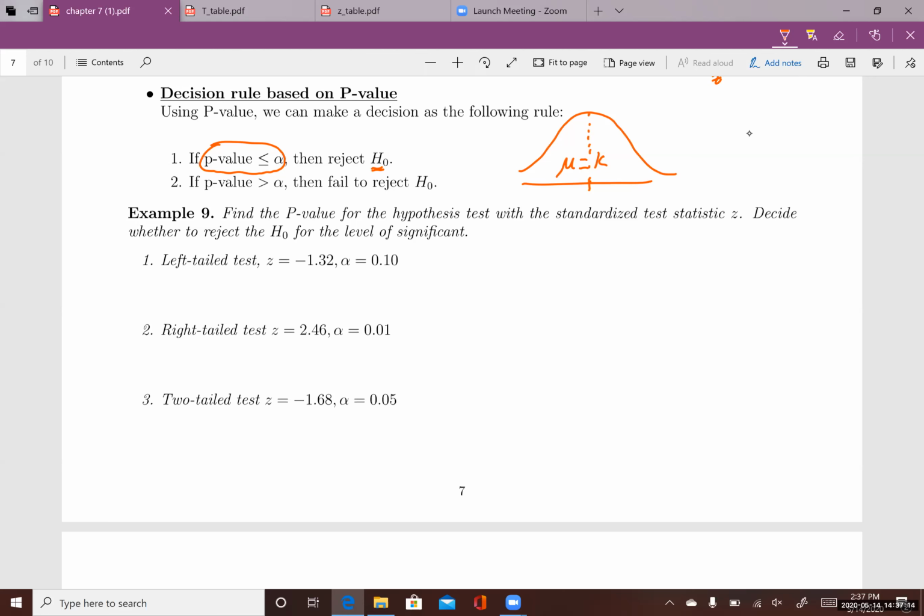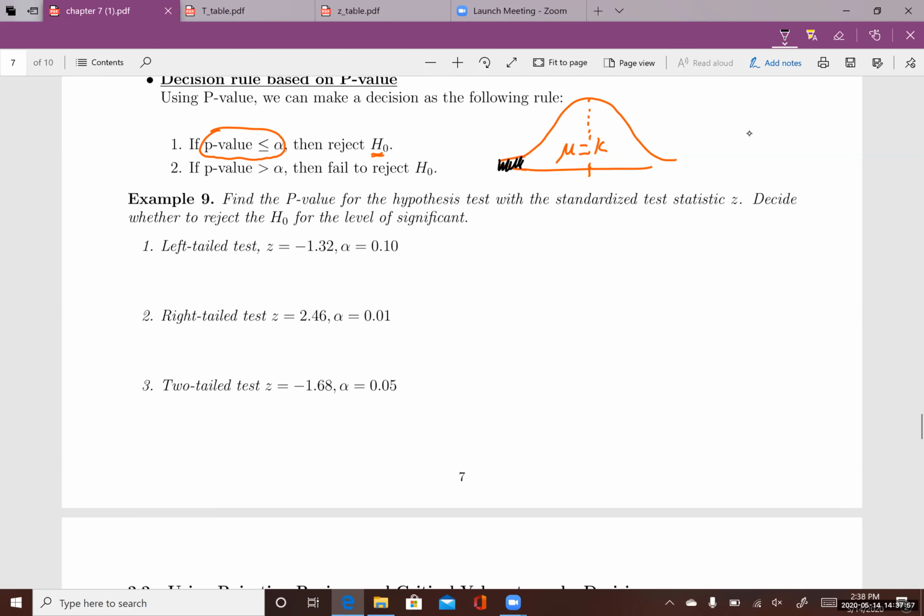So the p-value will tell you the probability that you will get an extreme or more extreme value from a random sample compared to the sample that you already selected. So if the p-value is small, let's say, for example, on the left side, the p-value is very small, that means you have a very, very small chance to pick another sample that has a higher standardized test statistic.